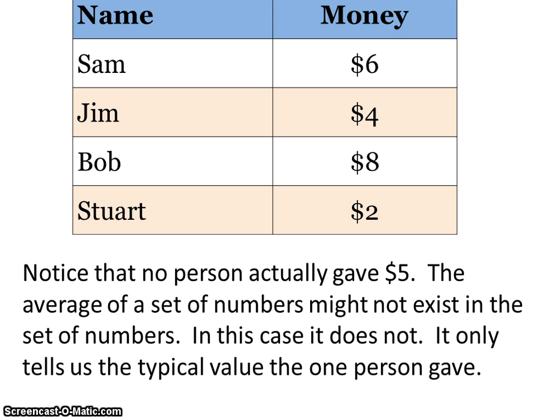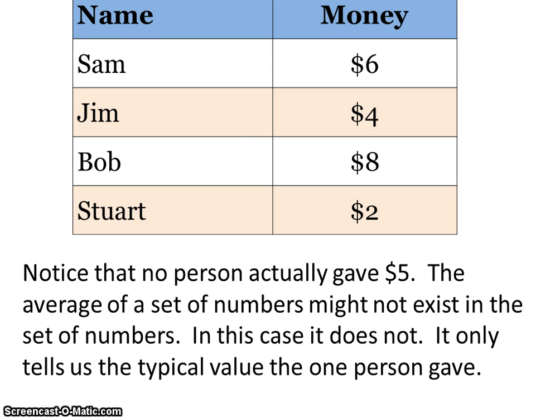It sort of tells us what is central, or what's expected from a set of numbers. So if we ask the friends the question, on average, how much did each person give? The best answer is $5. And you see there's a range from $2 to $8, but right in the middle of that, the typical amount, the central amount, is $5. So that's the idea of average.